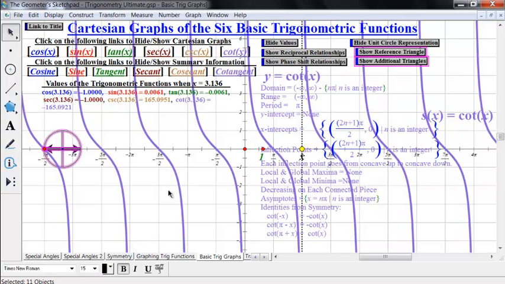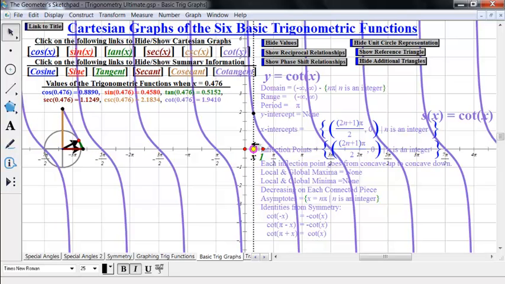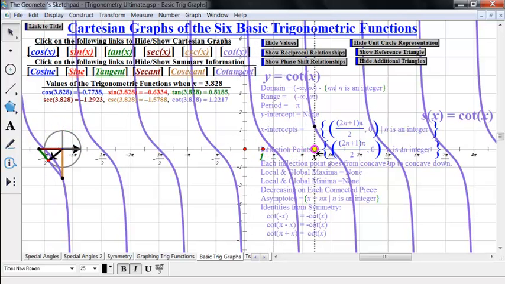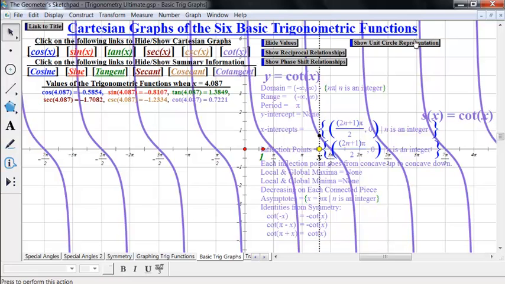And just for reference, remember on the unit circle, you can see cotangent as this purple length right here as we go through here, either positive or negative. Okay, so that is cotangent.